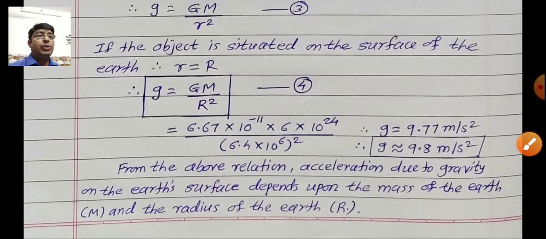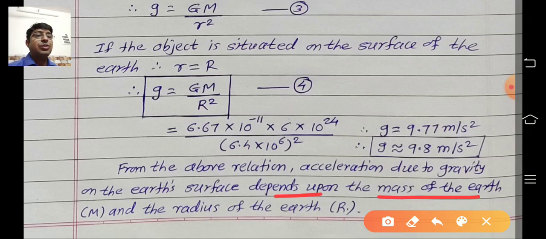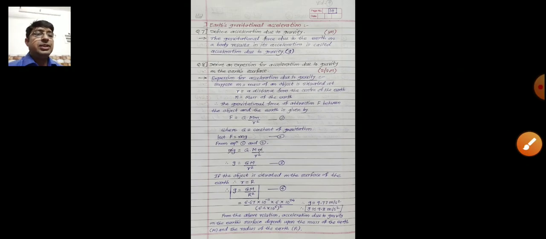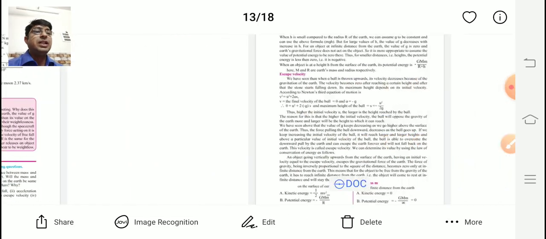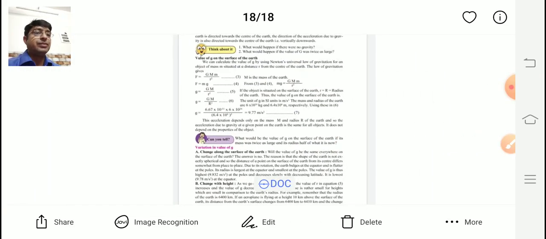Therefore, from the above relation, acceleration due to gravity on the Earth's surface depends upon the mass of the Earth, that is capital M, and the radius of the Earth, that is R. So remember it this way. In this way we write the answer to the given question: what is acceleration due to gravity, and derive its expression.